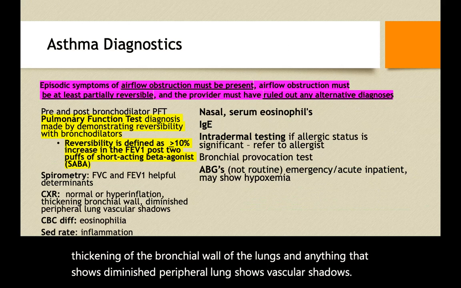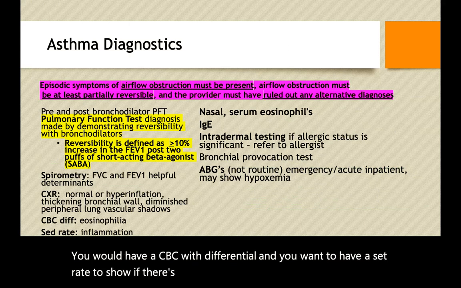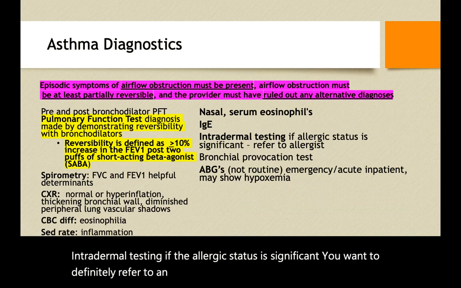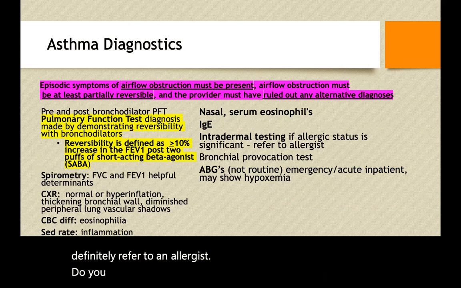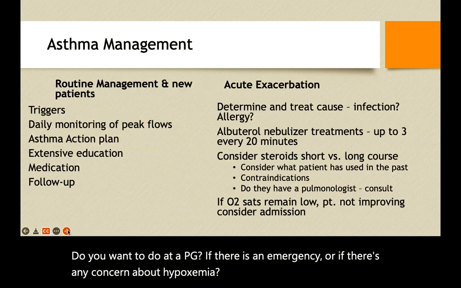You want to have a CBC with differential, and a sed rate to show if there's any inflammation. Intradermal testing, if the allergic status is significant, you want to definitely refer to an allergist. And you want to do an ABG if there is an emergency or if there's any concern about hypoxemia.